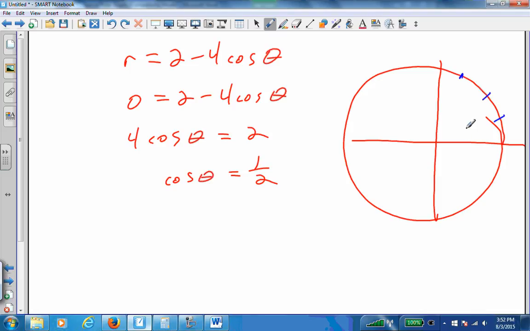Cosine is the x, which is 1/2 of what, 60 degrees? Cosine is also positive down here. So that'll be at negative 60 degrees. 60, that's the same as what, pi over 3? Negative pi over 3, not 2. So we basically need to integrate from negative pi over 3 to pi over 3.